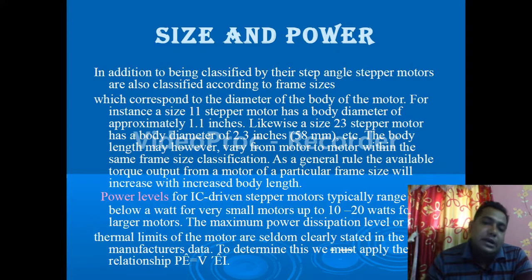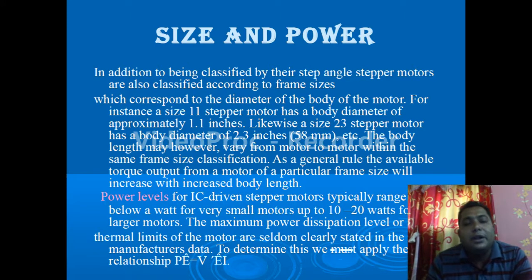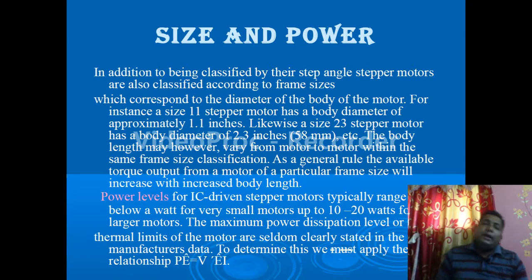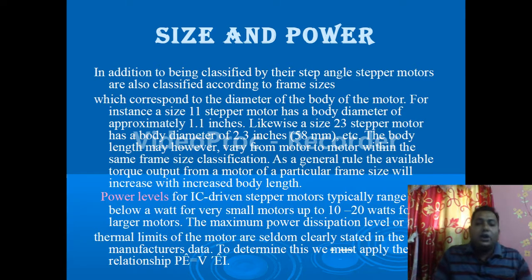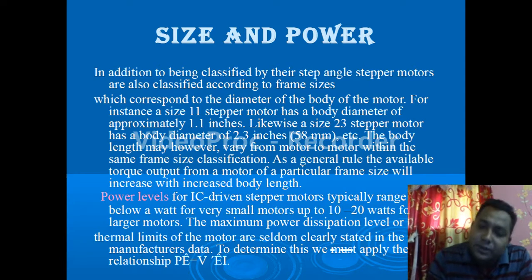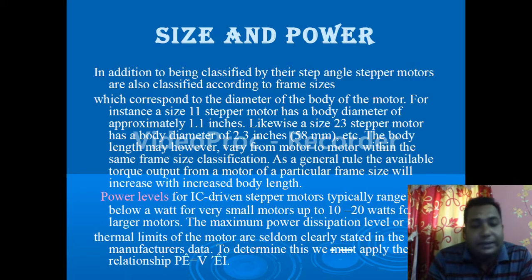Likewise, a size 23 stepper motor has a body diameter of 2.3 inches, that is 58 millimeters, etc. The body length may however vary from motor to motor within the same frame size classification. As a general rule, the available torque output from a motor of a particular frame size will increase with increased body length.